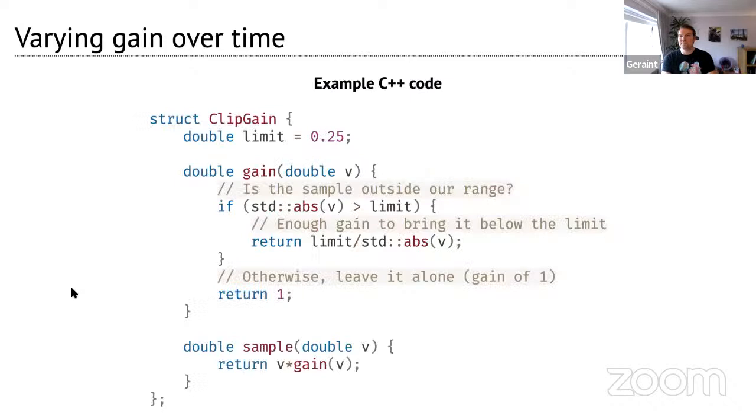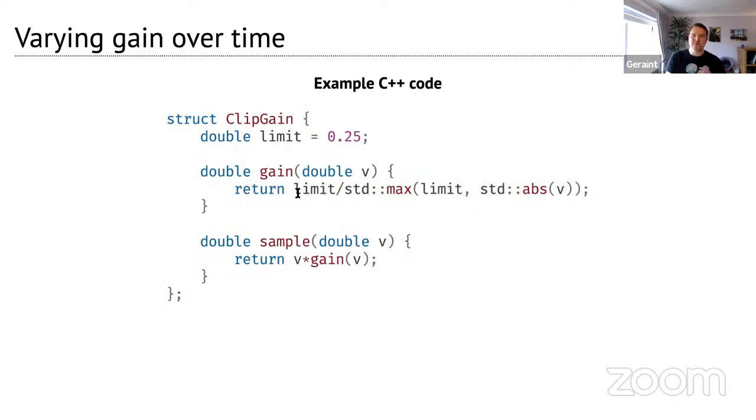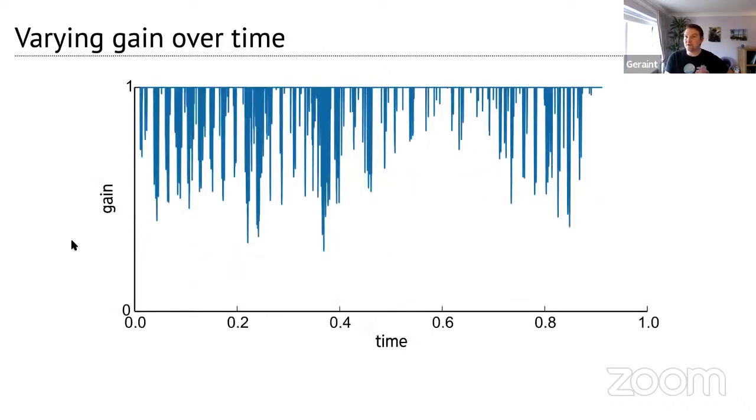Here's some C++ code to do that. We calculate a gain value, which is: is it outside the limit? If so, we bring it back in. Otherwise, we return 1. And if you want to be nice and concise, here's a short one-liner for that.